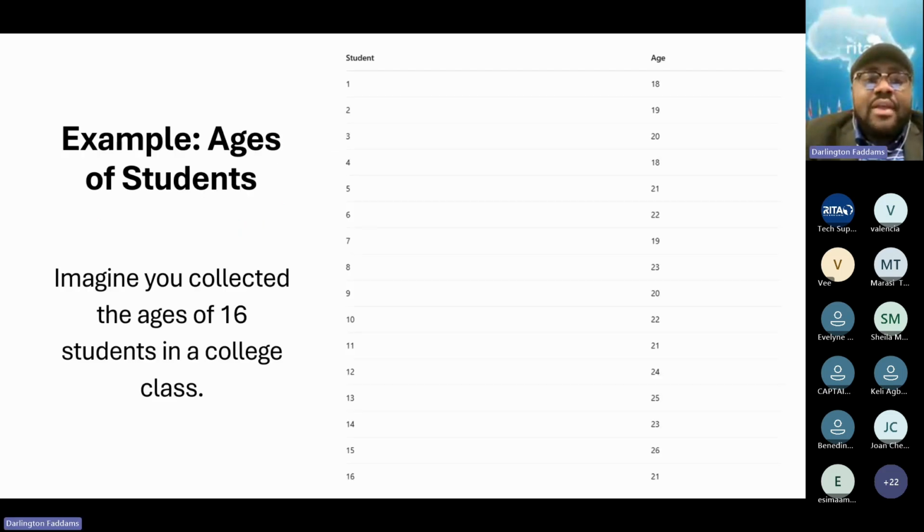Now, we have a data set here, and this is showing us 16 students in a class. Previously, we talked about 100 students. Right now, we are talking about 16 students. And you can see their various age groups. With this particular data, you may be asked to find the range, and you are going to be given the range to use.